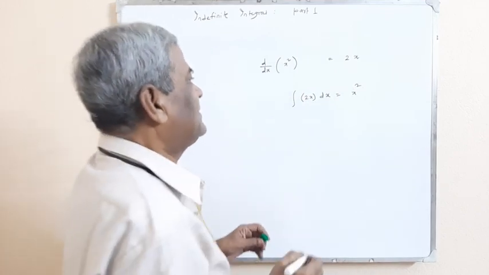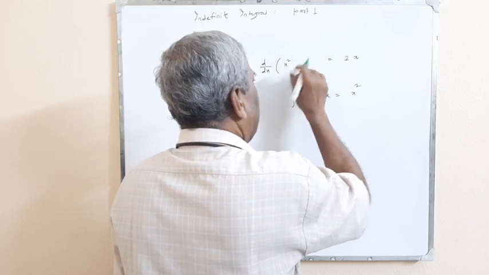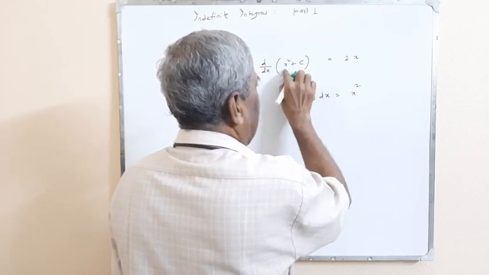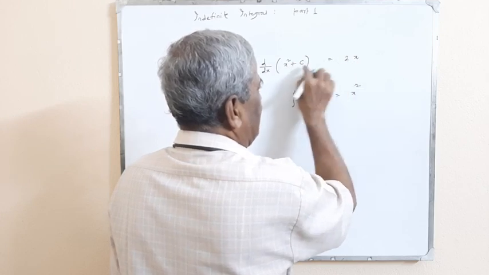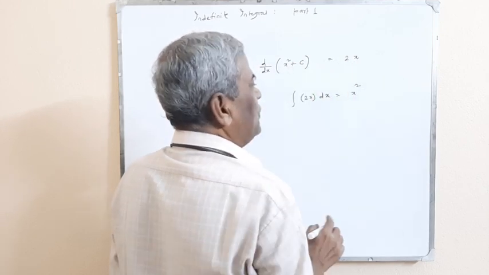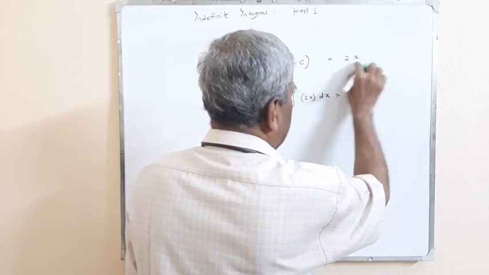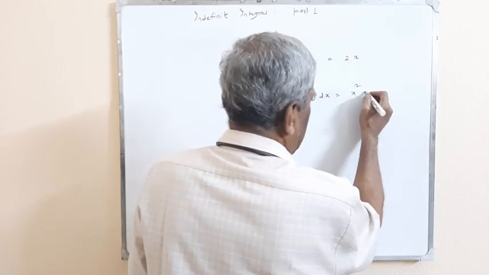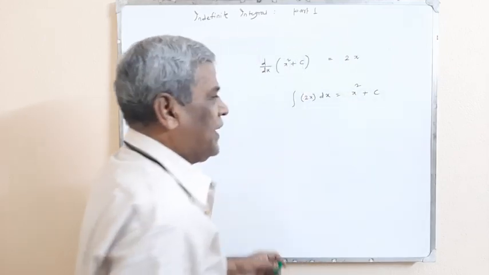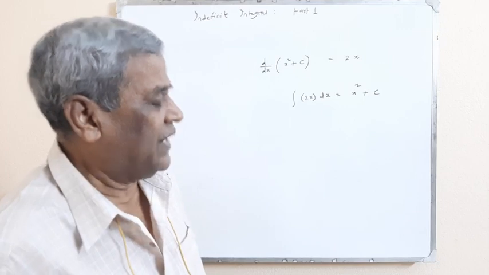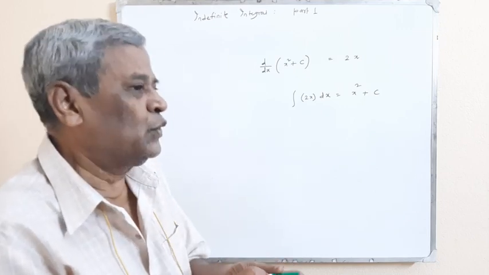Moreover, we know that this function plus any constant c has derivative again 2x, since the derivative of c is 0. So in general, we say that the integration is x square plus c. Normally, we say that c is the integration constant.